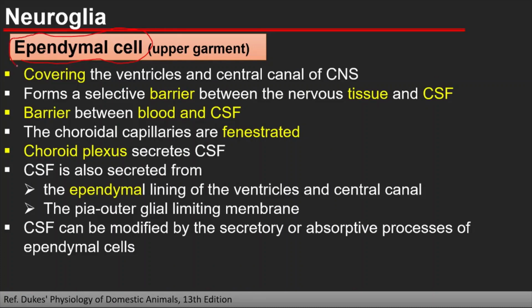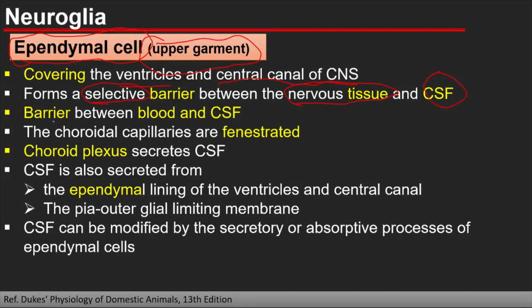Ependymal cells are also known as the "upper garment" because they provide the covering of the ventricles and central canal of the CNS. The ependymal cells line the ventricles and central canal of the CNS, and because of that, it forms a selective barrier between the nervous tissue or interstitial fluid and the CSF.